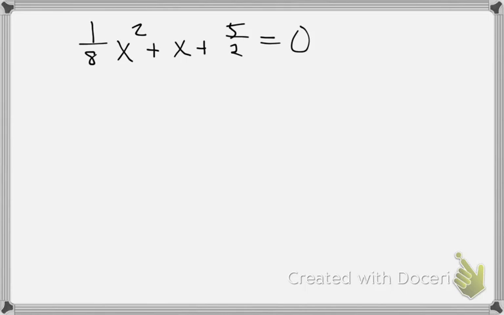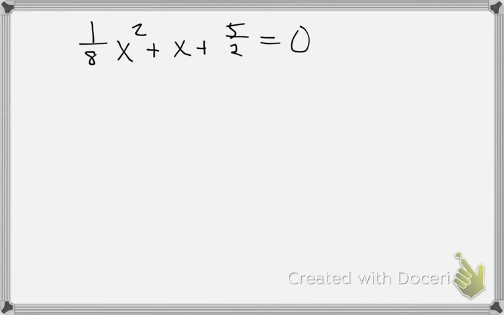So first off, are we in standard form? Yes. ax squared plus bx plus c equals 0. What is a? 1/8. What is b? 1. What is c? But do we want to plug in fractions into the quadratic formula? No. Mathematically, it's fine. However, you'll get lost in fraction Hades. Right? And there is no recovering your soul from that.